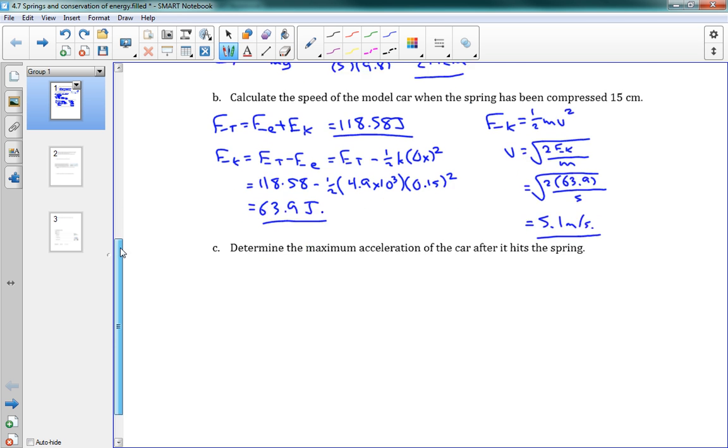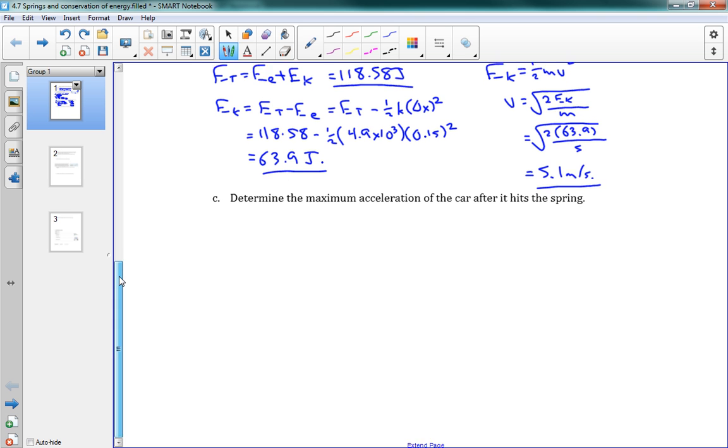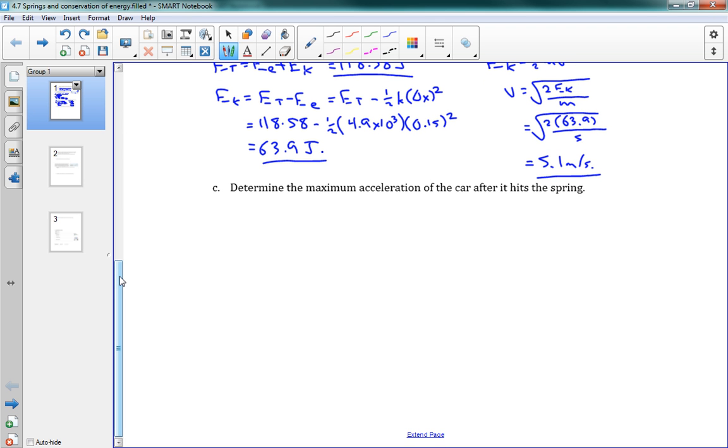work with. And our last piece here, determine the maximum acceleration of the car after it hits the spring. So when it hits the spring, the further it compresses the spring, the more force it gets back from it. So the maximum acceleration is going to be when the spring is fully compressed.